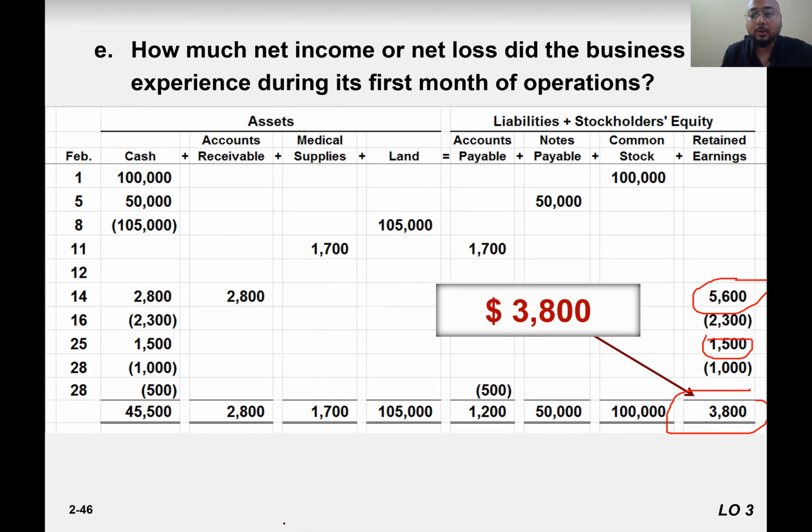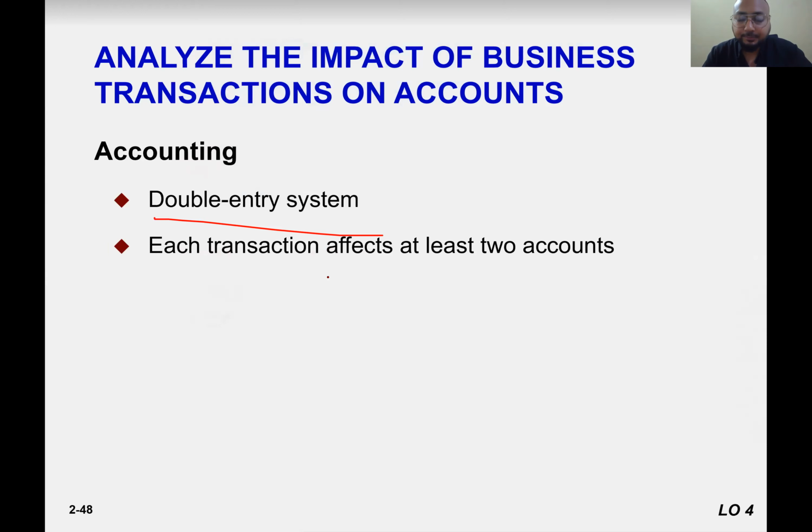So let's talk about the hot topic, the core of accounting, which is the double entry system, right? Like we said earlier, the transaction has two sides. One is giving and one is receiving.